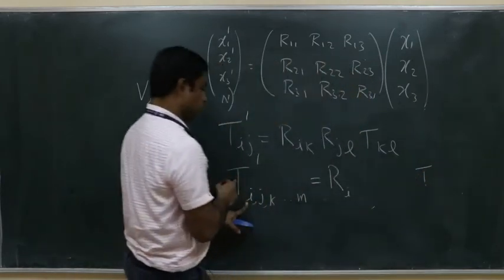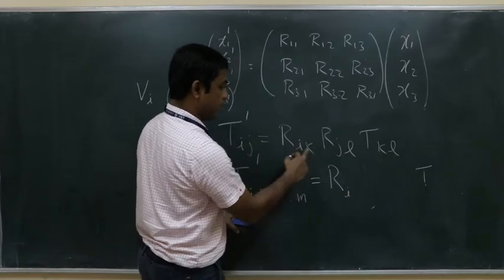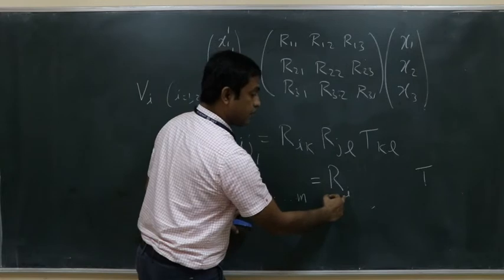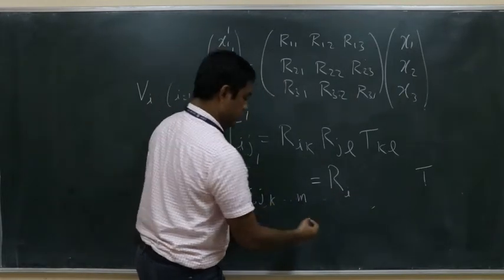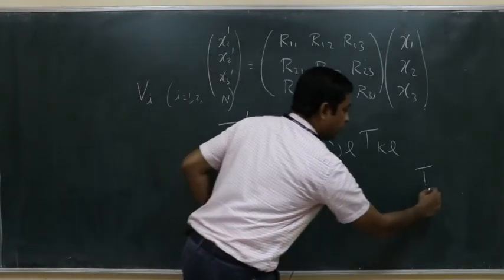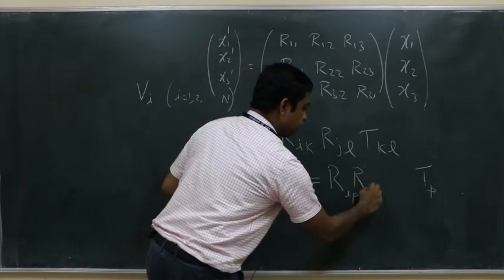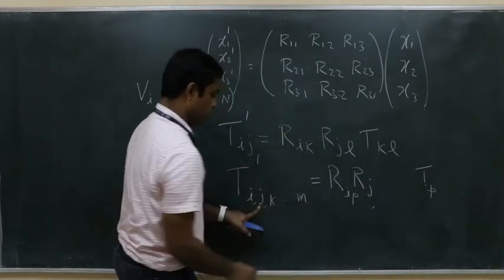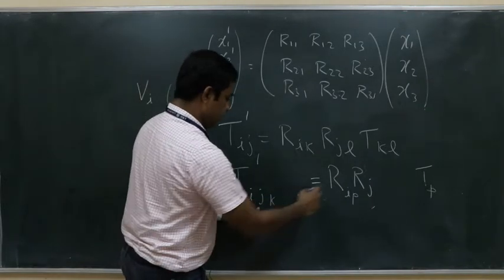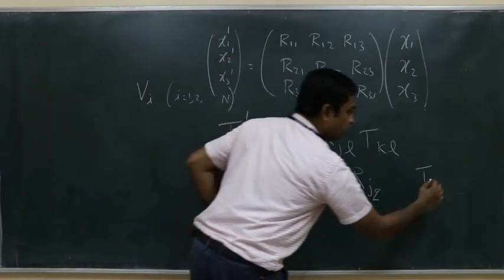Then you put the T. So T transforms to T prime. There should be a summation over one dummy index. You can see there is a summation over this index, and over this index, so you have to put some index here. Let us not use i, j, k; you can put p. Then you put T. Now take another R, put the j there. I actually don't need the comma there. Now I have to put another dummy index; you put q here.